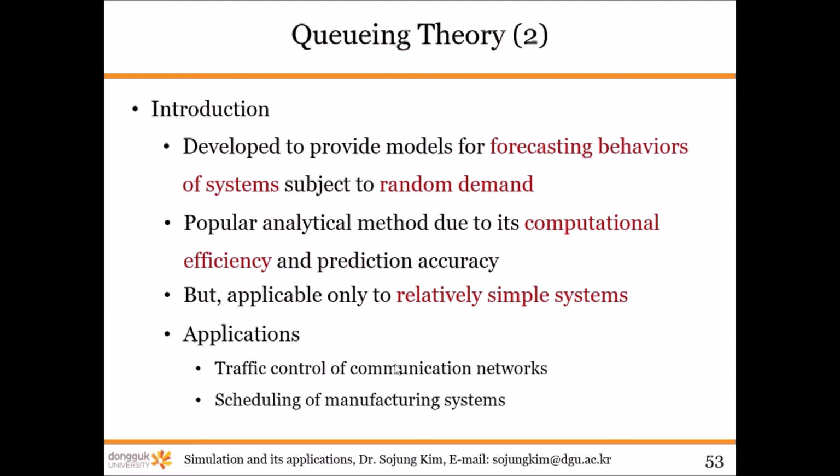That's why, after understanding the queuing theory, you can use simulation, because simulation can be used to model complex systems. So let's start from the simple system with queuing theory. The applications of queuing theory are very wide: traffic control of communication networks or scheduling of manufacturing systems and so on.